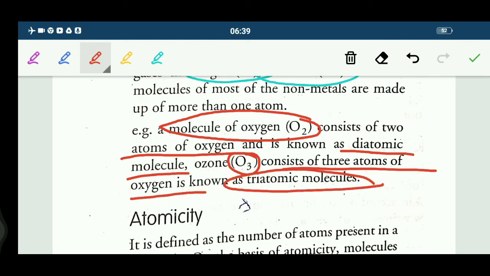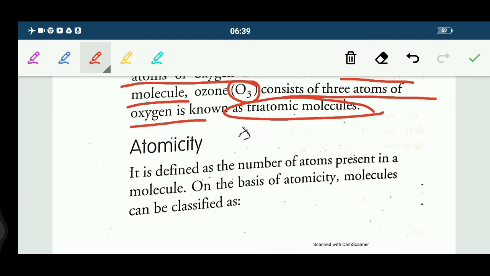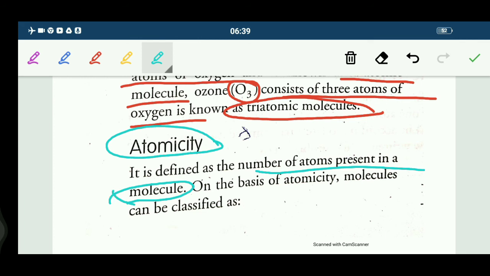As you can see, tri. So how many atoms are there? 3. And how many atoms are there in oxygen? 2. Now the most important thing comes, that is atomicity. What is atomicity? In the exam this question may come. It is defined as the number of atoms present in a molecule.